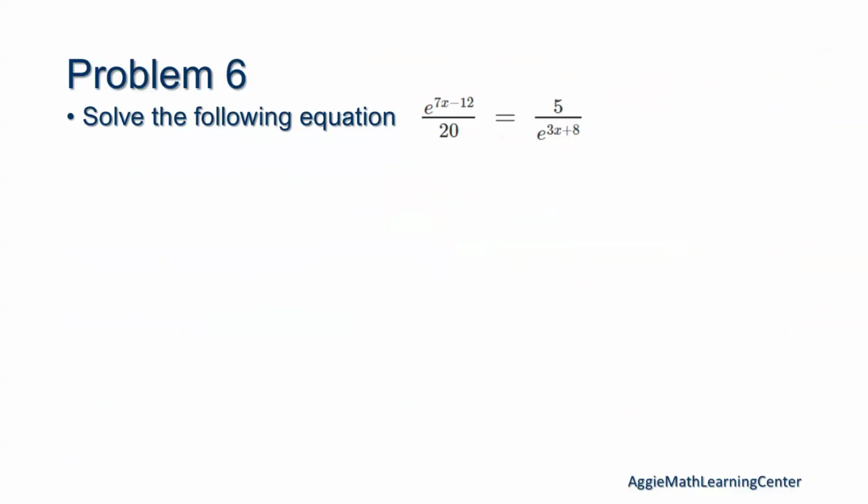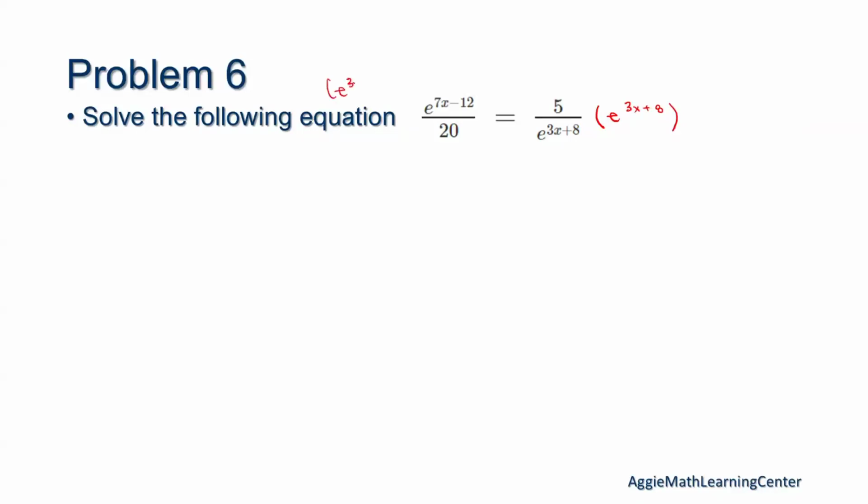Sweet. Okay, this one looks really scary, and it's only kind of scary, not really scary, okay? So what we're going to do is make it so that both expressions that contain an e are on the same side. So we're going to multiply this side by e to the 3x plus 8. And then we're going to do that to both sides.